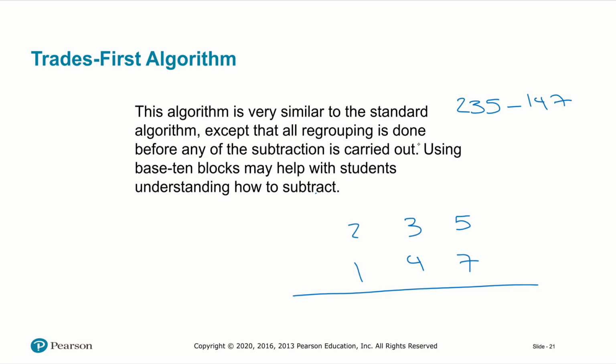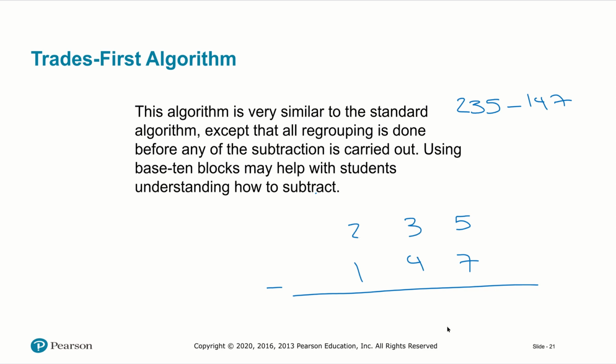With this, it usually helps to work your way from right to left. Notice here we don't need any borrowing because this is fine, 1 from 2. Moving on to the next digit, we know 4 can't be taken away from 3, so we know we're going to have to borrow.